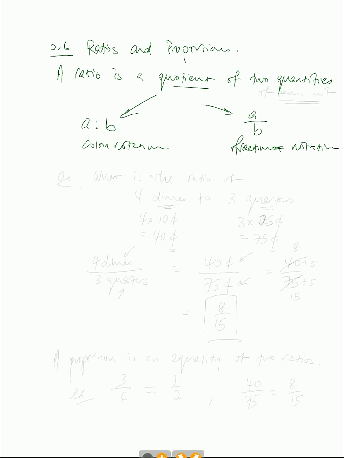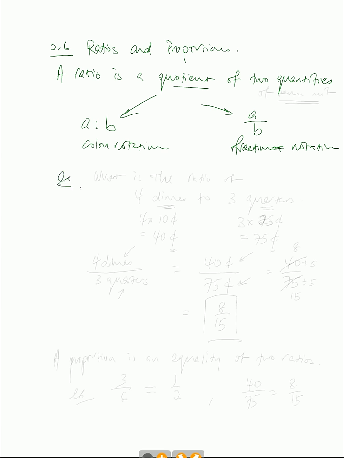If you are not told which way to express it, the more common choice would be the fraction notation, because that is something we are very familiar with since we've done fractions a lot, and we know that we can reduce all fractions. Similarly, you can reduce a colon notation as well.